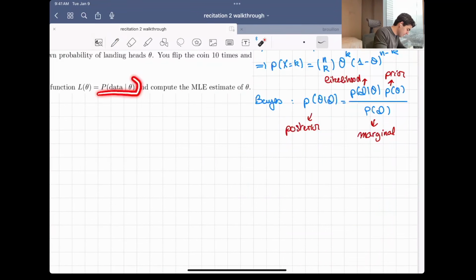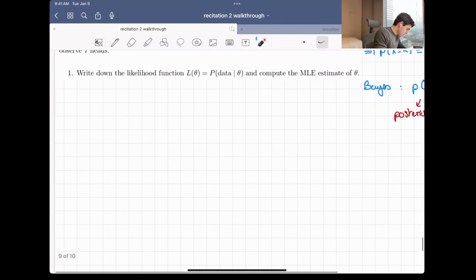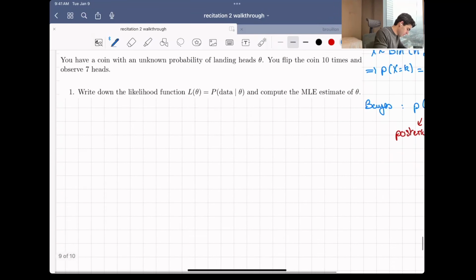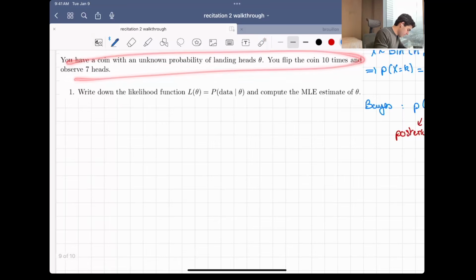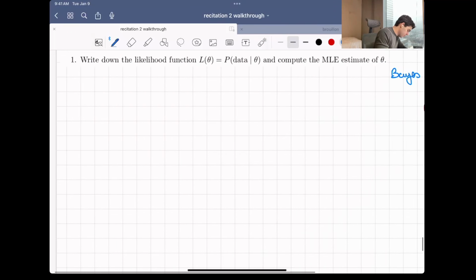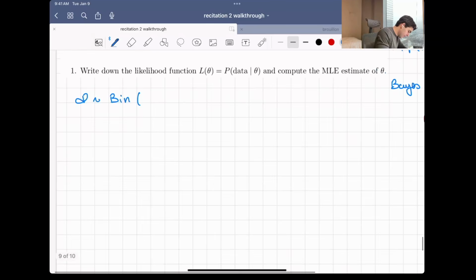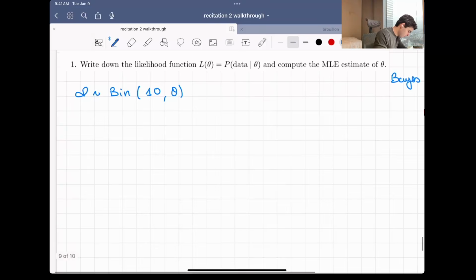The likelihood is the probability of the data given theta, the parameters. We know that the data is distributed, given the description of the experiment, according to a binomial distribution. Maybe I'm abusing notation here, but the data follows a binomial distribution with n equals 10, because we flip 10 times, and the probability of heads theta, which is unknown and which hopefully we'll estimate now.